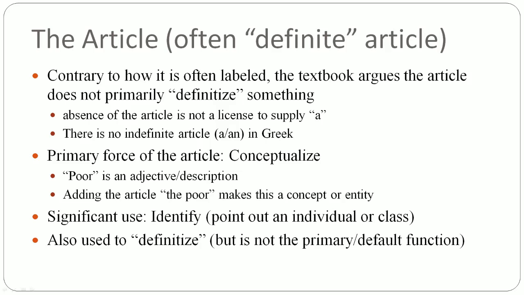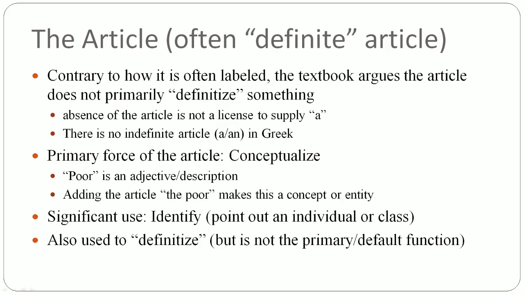The primary meaning behind the article is not really to make something definite, to point something out or to tell people this is the one we're talking about. The book says that the primary force of the article is to conceptualize. What this means is, it makes something into a thing.